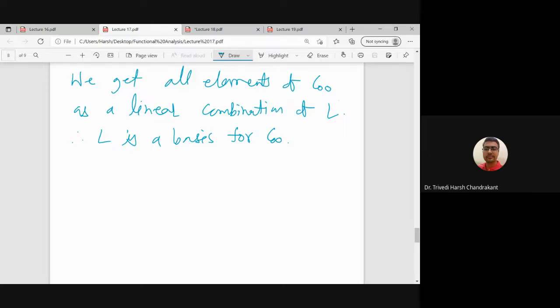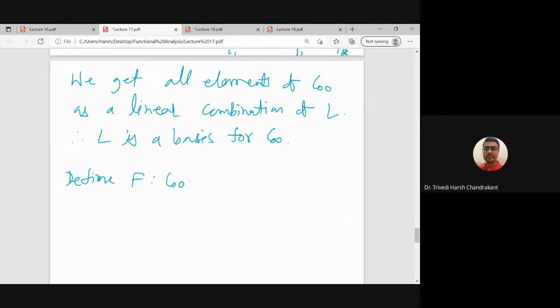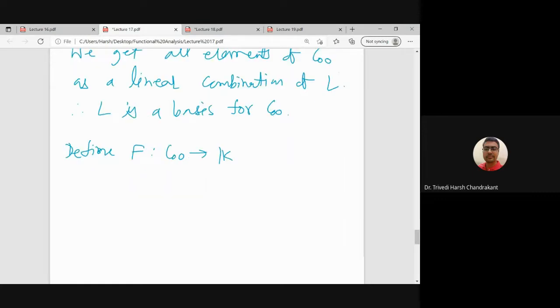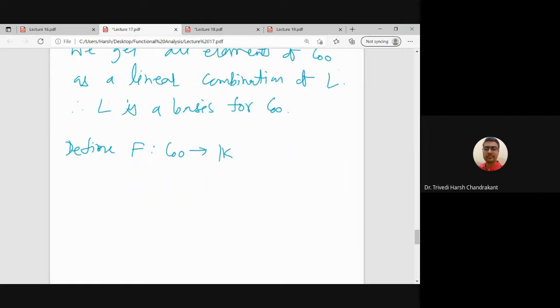Right. So L is a basis for c00, and once we have a basis for c00, we can define a function. So now define f from c00 to, let us say, a one-dimensional vector space, right? In this vector space we have a non-zero vector. Why not? So we are taking the number one.